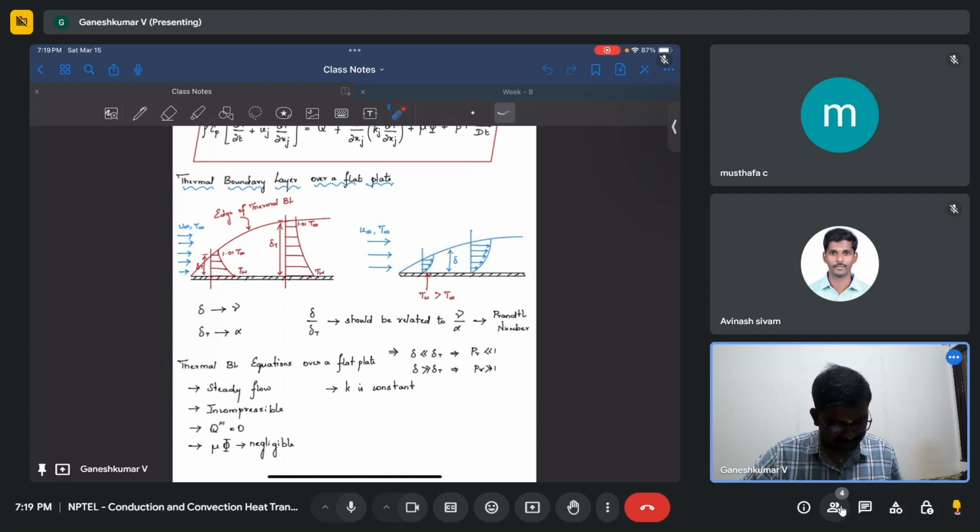Similarly, when there is a temperature gradient, when you have a T wall at some higher temperature than the T infinity, you will start having this kind of temperature profile, and you will start having development of the thermal boundary layer. Now the process that is going to take care of this is your heat conduction.